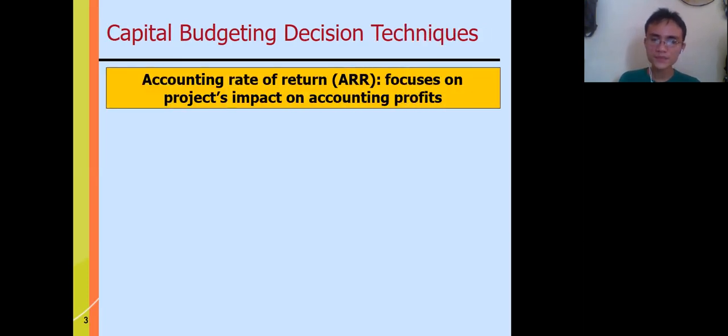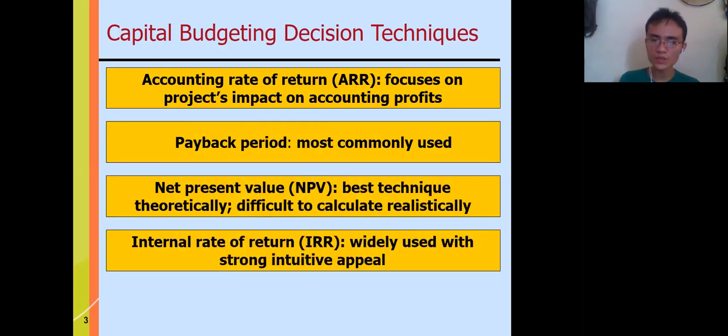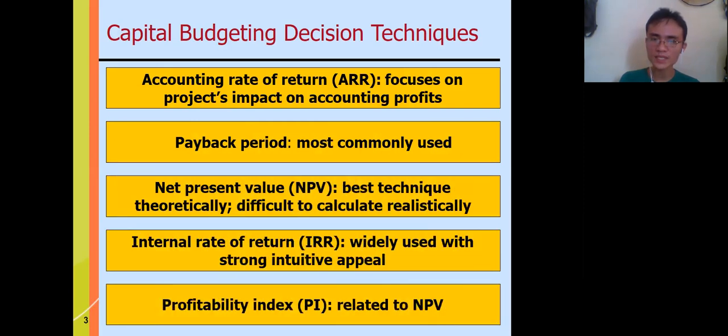Next, here are some techniques that we are going to discuss in detail as we go along, but they are differentiated here. Accounting rate of return is a certain ratio that would focus on the accounting profit, so basically the profit or loss that we have learned from our accounting subjects.